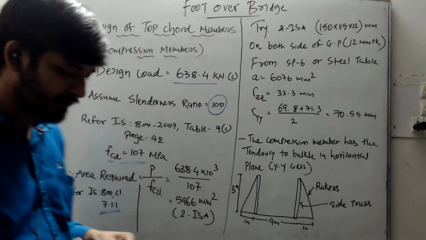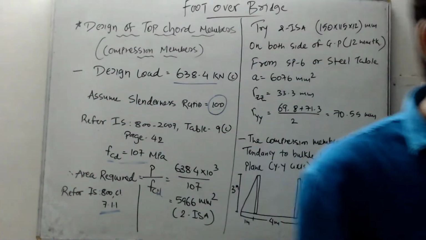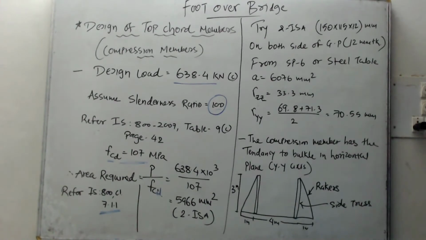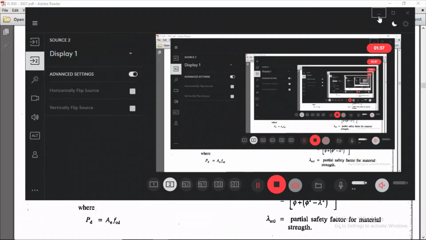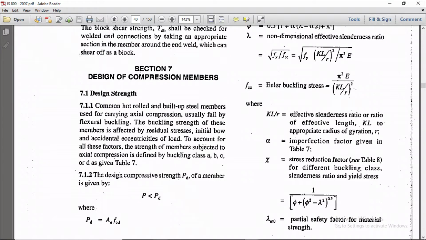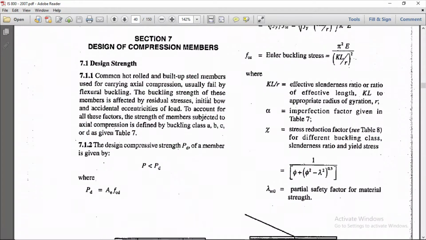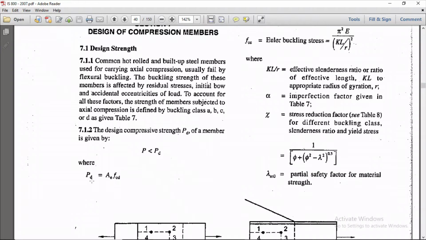Now let us see how this value is coming. Let me share this code with you. First let us see the formula. This is section number 7, design of compression member. The design strength, as you can see here, formula is PD is equal to A into FCD.